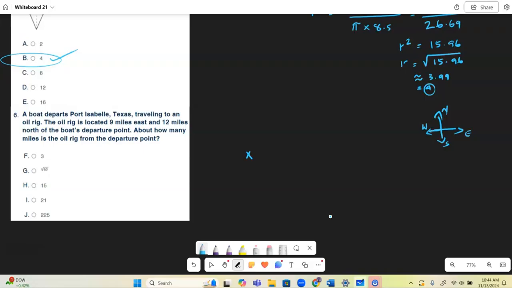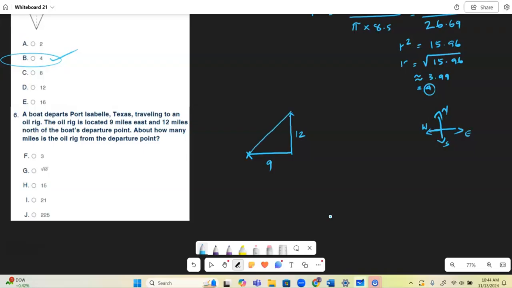This is the location map. So 9 miles east, so this is 9. And 12 miles north of the boat. So this is the 12 miles. And we need to find about how many miles the oil rig is from the departure point. This is the departure point and this is the oil rig. So you need to find this distance.